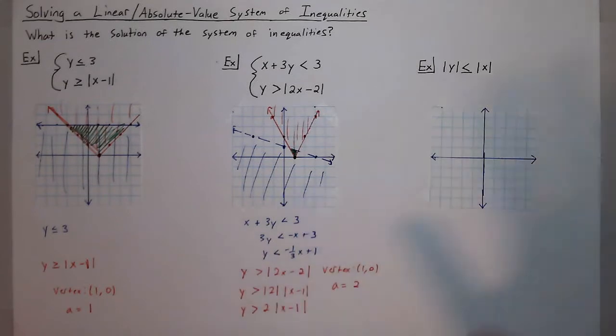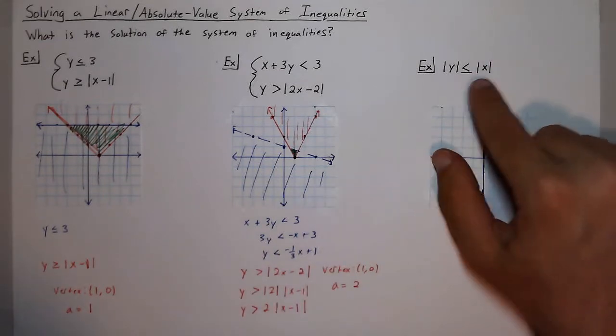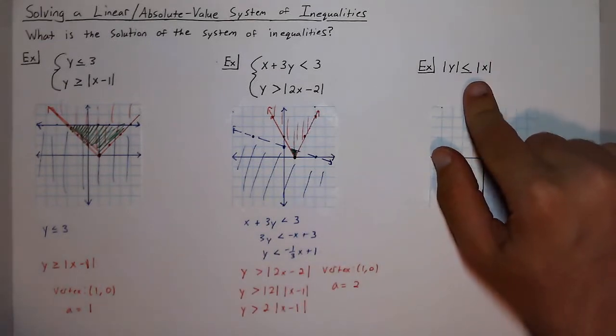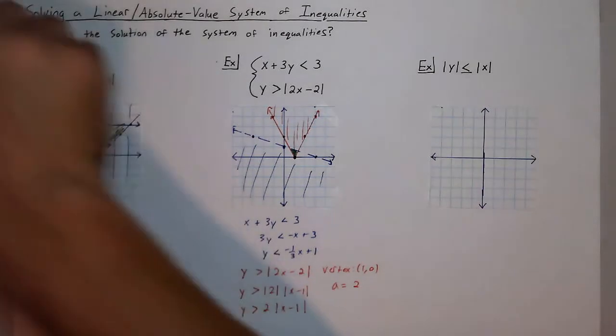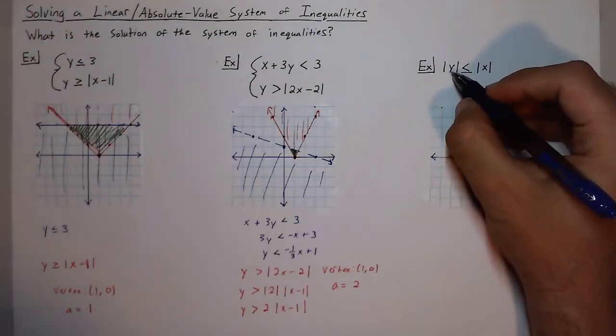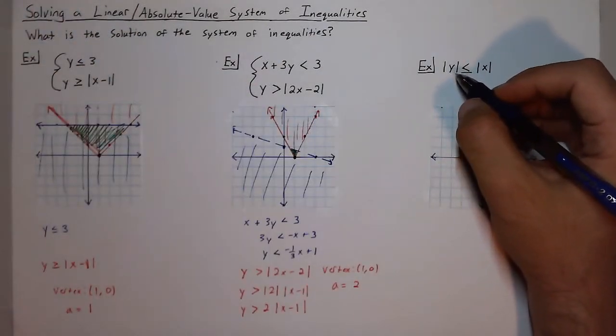Now this last example, you don't see the system of inequalities, but this is one of my favorite inequalities to graph. I like to call it the bow tie inequality. Because first, I would need to get rid of the absolute value bars around y in order to graph.